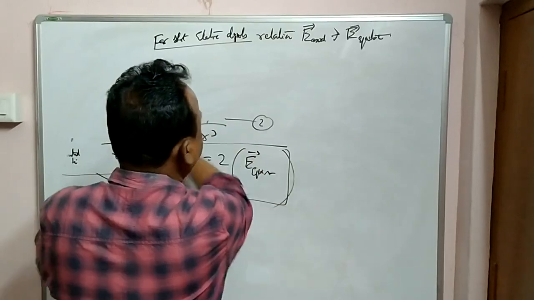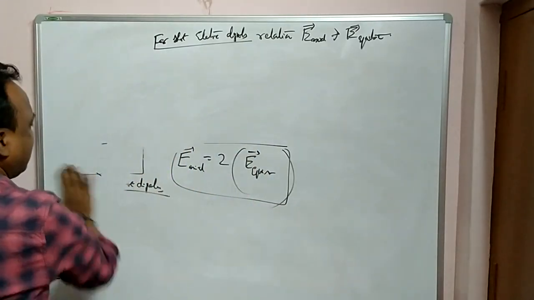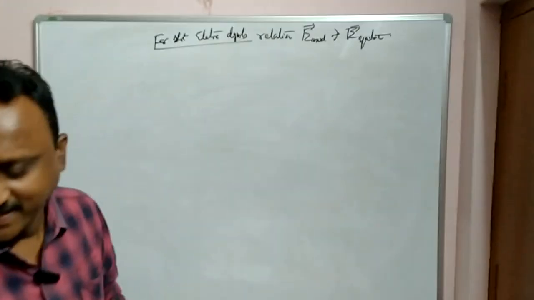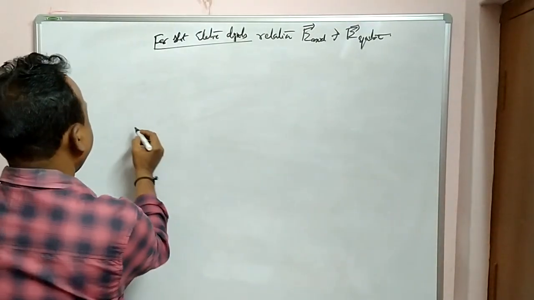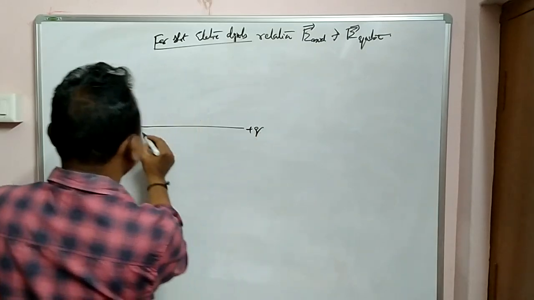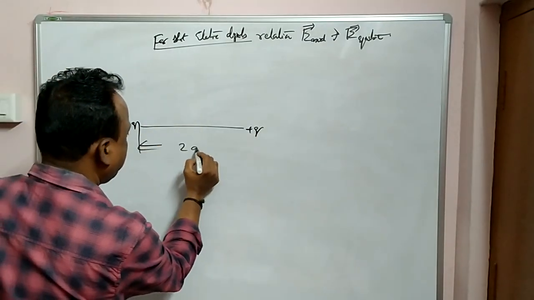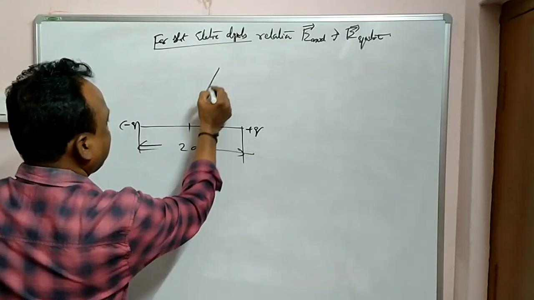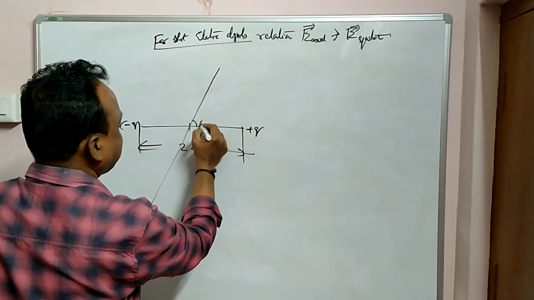And we have one more formula, please, for the electrical dipole at any angle. For example, minus Q, plus Q are there separated by 2L or 2A distance. Okay. Suppose this is, say, some angle.